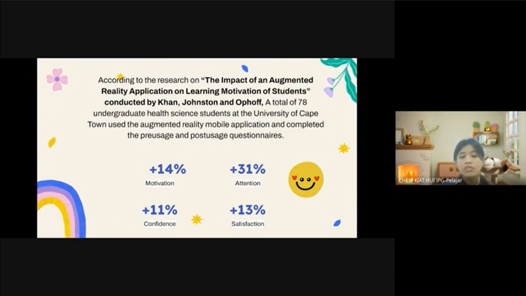The result shows that the use of the AR mobile application increased the motivation of the students by 14% and the attention by 31%. The confidence level increased by 11%, and the level of satisfaction of the students increased by 13%.